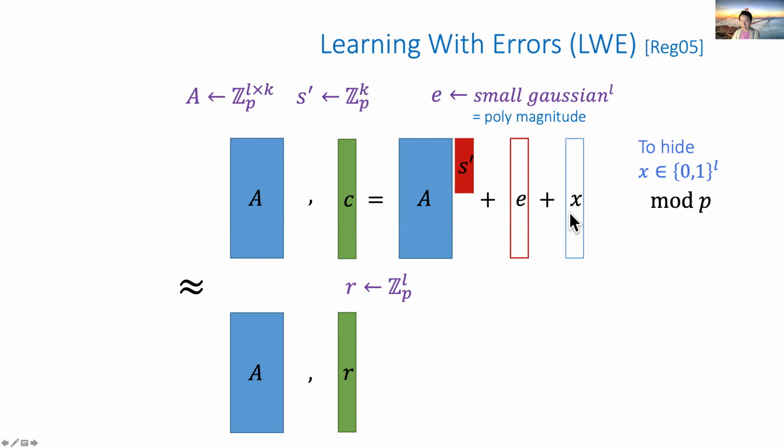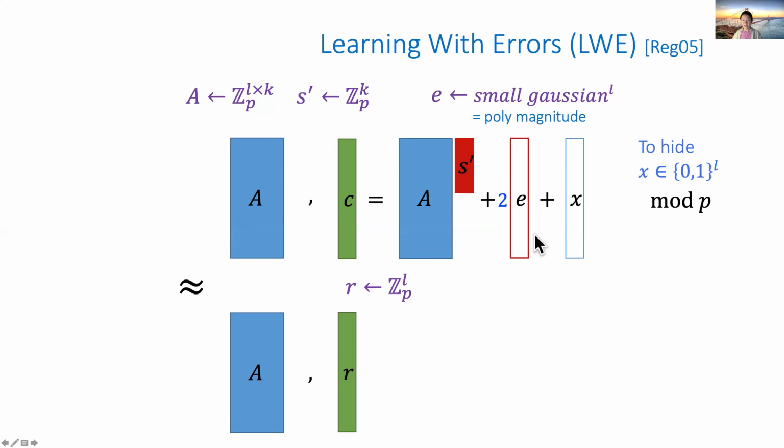Note that once we add it, there's a slight issue: if we get e plus x, x and e merge together and we cannot separate them apart anymore. Therefore, we would like to separate e from x. We will actually make the noise even by multiplying with 2. It turns out that the LWE assumption still holds even if we use even errors.